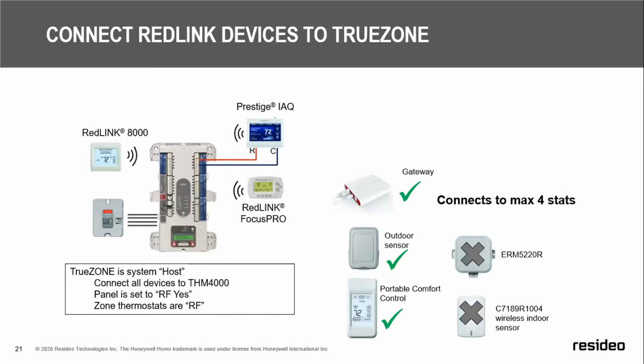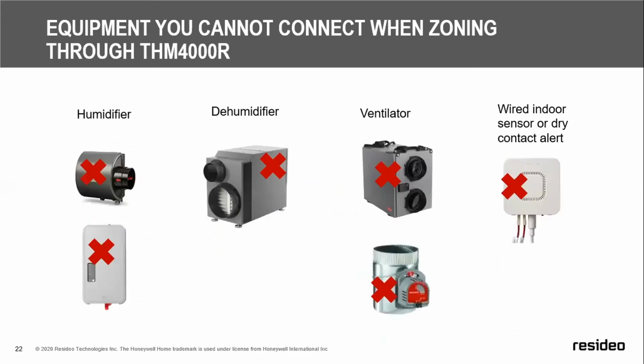And if you're using the wireless adapter, we do not have the ability to use the wireless indoor sensor either if none of the thermostats are hardwired to the zone panel. Next slide, please. Okay, so with the wireless adapter and the setup that I've just showed you, we do not have the ability to control IAQ items. Next slide, please.